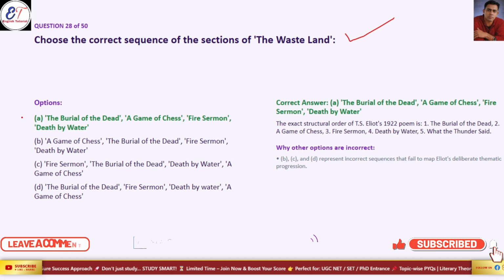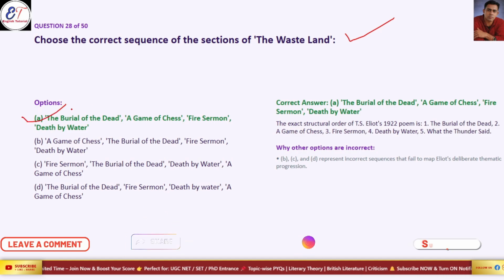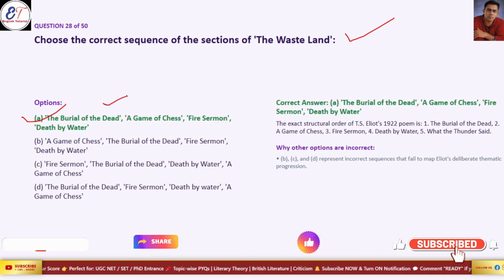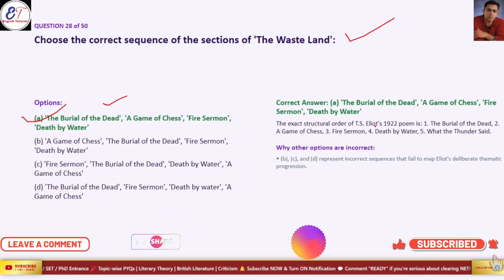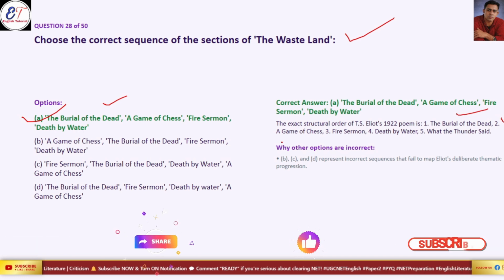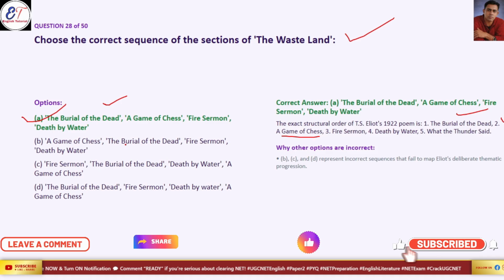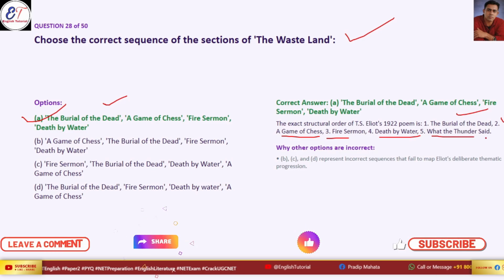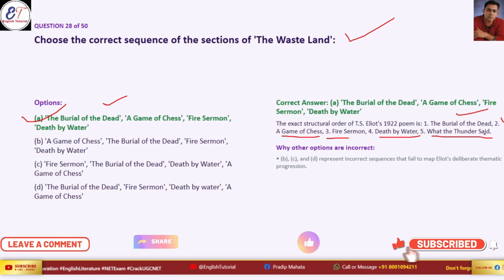Option A is the correct sequence given here. The Burial of the Dead is the first one, then A Game of Chess, and then The Fire Sermon, then Death by Water, and then What the Thunder Said.